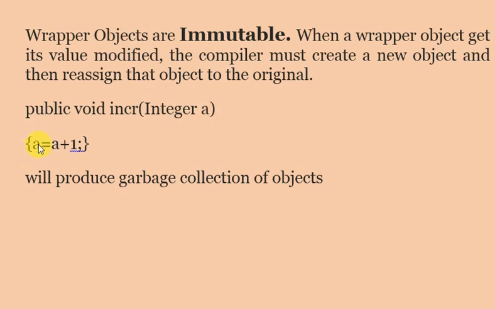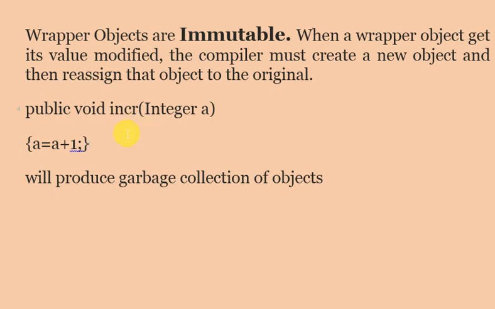Now when we are incrementing it in the code, a is equal to a plus 1, we are giving it an increment. So whenever it gets an increment, the compiler will create a new object. Yes, the compiler will create a new object every time. So what will happen? It will produce lots of garbage objects for garbage collection. So this is one drawback, that we don't use wrapper classes in normal code.